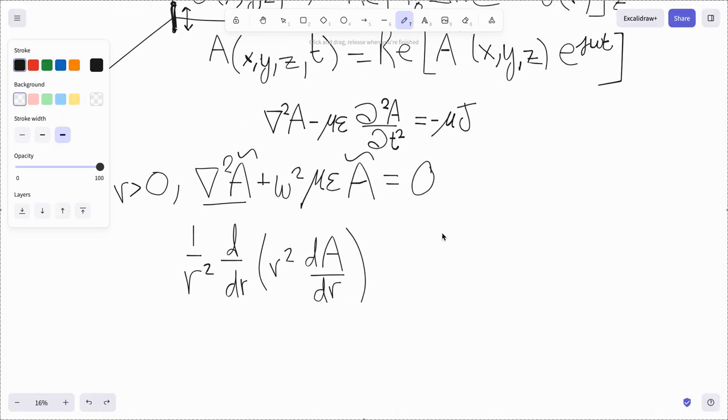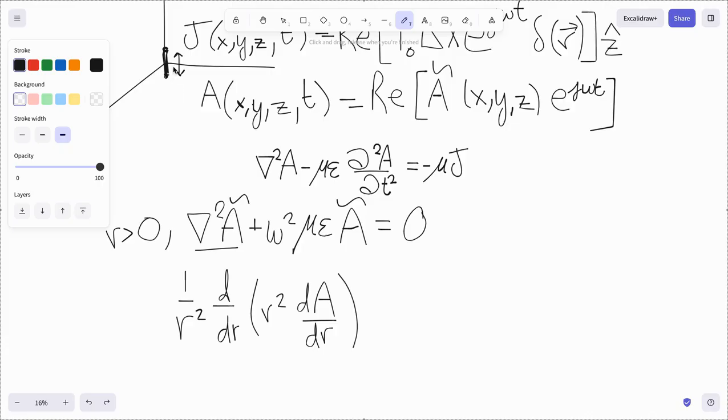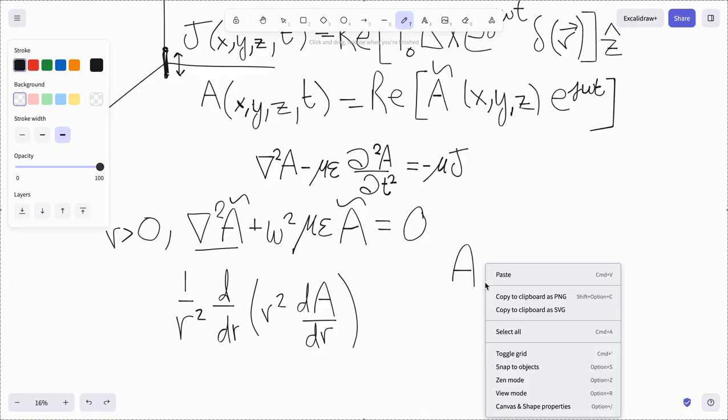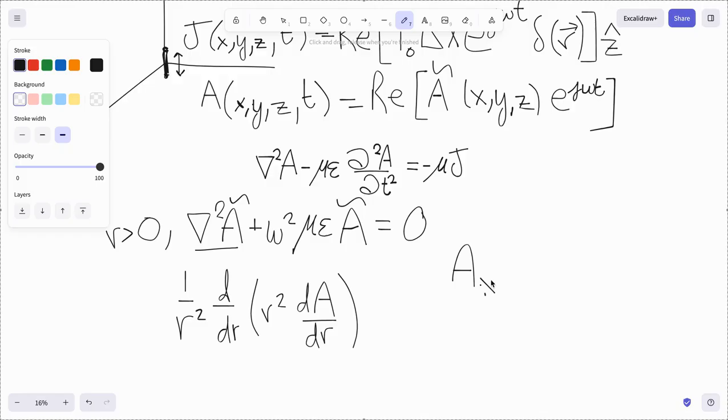We'll also note that since this current is only going in the up and down direction, we only have a magnetic potential in the z direction, so that A sub x equals A sub y equals 0. And so we're only looking at the z component.